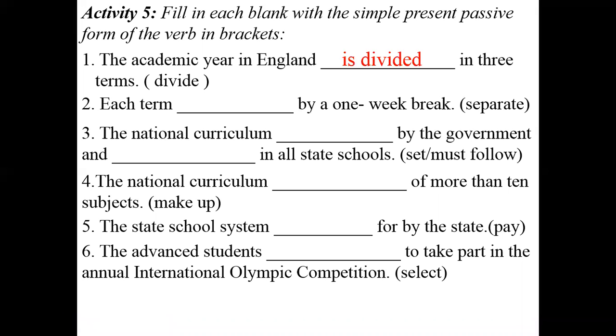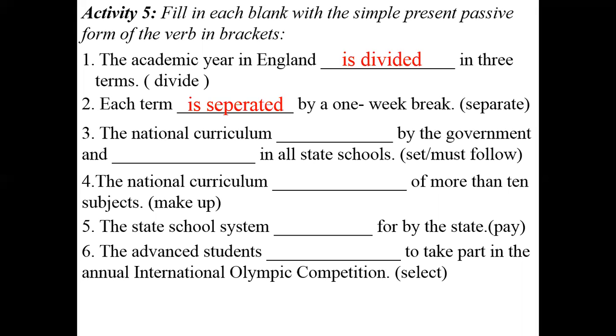Number 2, each term is separated by a 1-week break. Each term is also singular, so you use am, is, or are. Of course, is, right? And the past participle of separate is separated. So number 2 is separated.